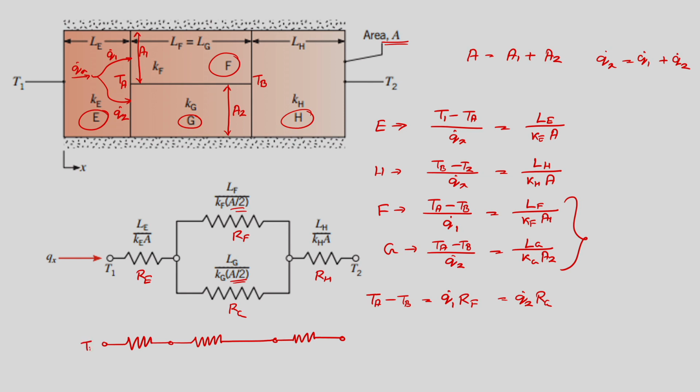So, this is your T1, resistance is R E, this is T2, resistance is R H, and in our notation this is Ta, this is Tb, and this intermediate resistance is, let us say, R FG.